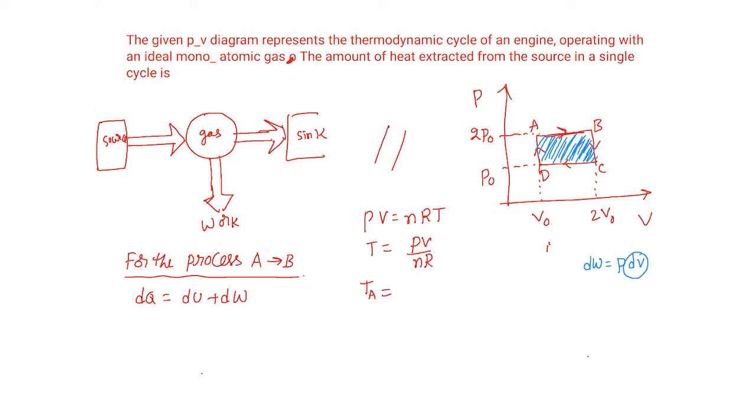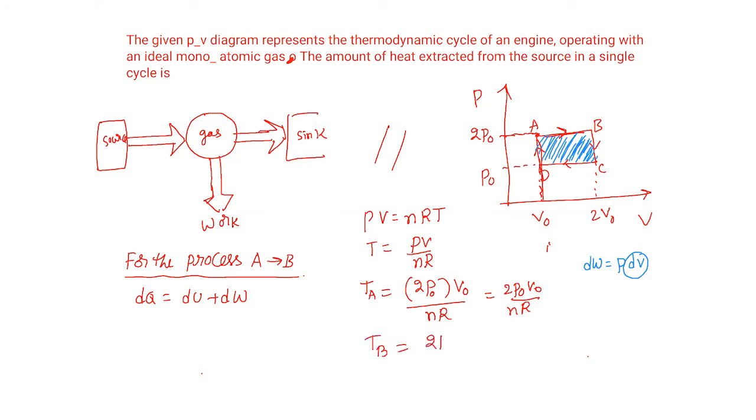The pressure at point A is 2P naught, and the volume at point A is V naught, divided by nR. So the temperature is 2P naught V naught divided by nR. Similarly, what is the temperature at point B?